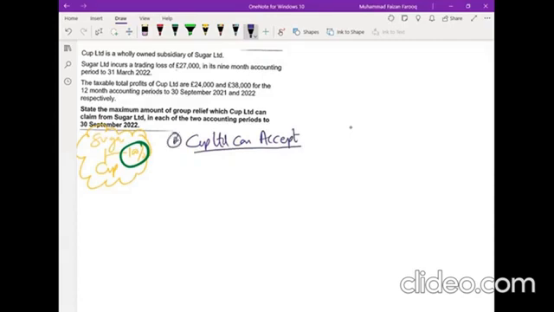The problem is Cup Limited has an accounting year and Sugar Limited has an accounting period. You can see the loss is for the period of 9 months to 31st March 22. When did it start, can you tell me?